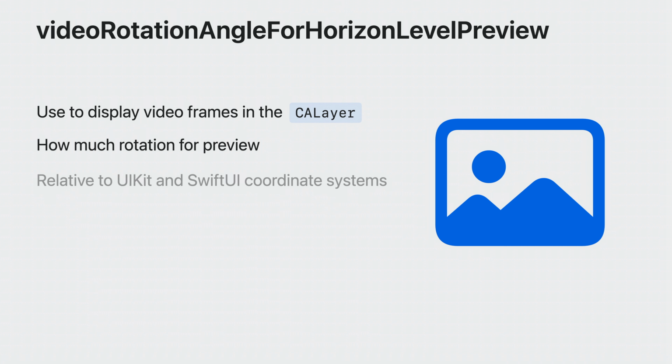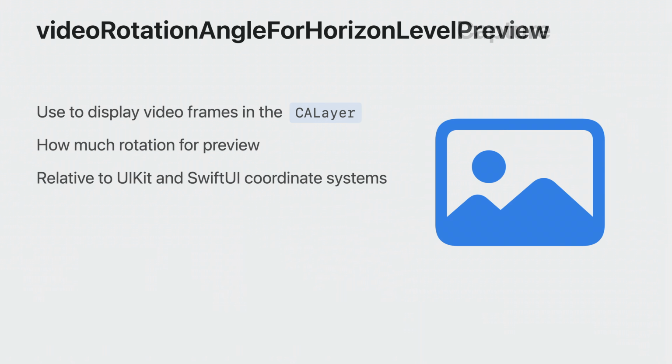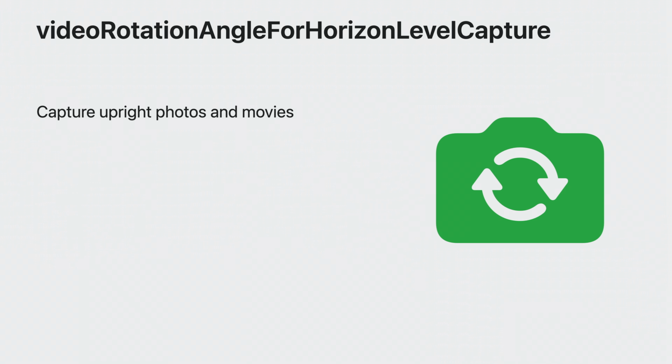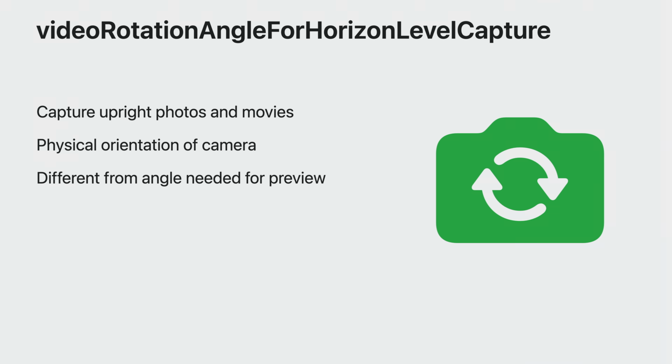The angle is relative to the UIKit and SwiftUI coordinate systems. The video rotation angle for horizon level capture allows your app to take photos and movies so they're always upright when someone views them later. This property describes the physical orientation of the camera, and its value may be different than the angle the app needs for preview. These two properties have different purposes.